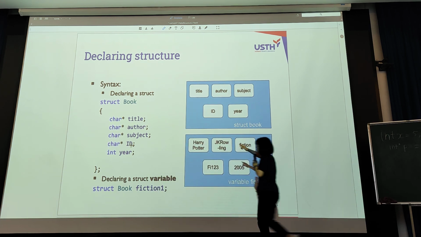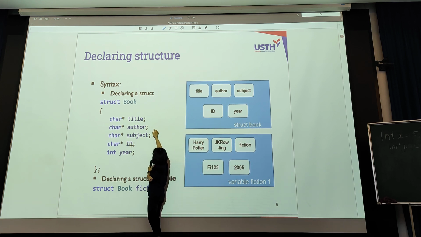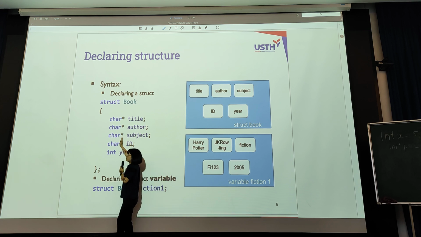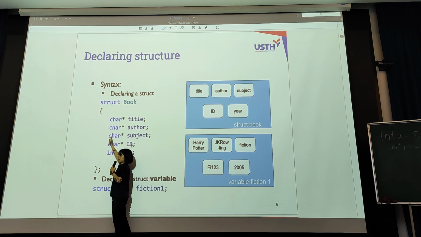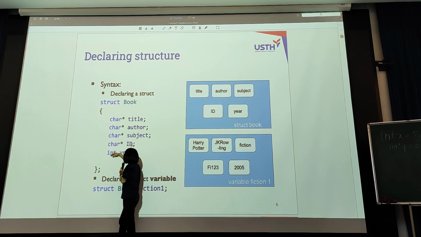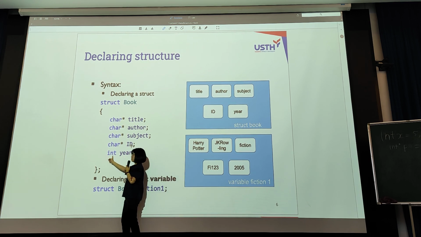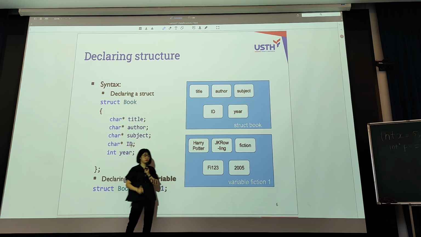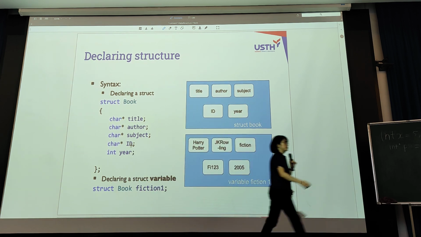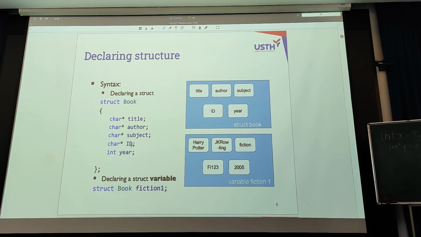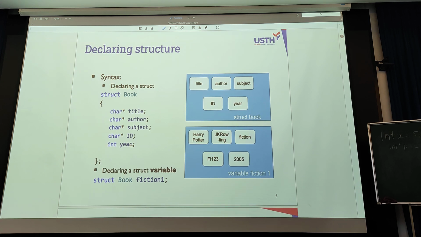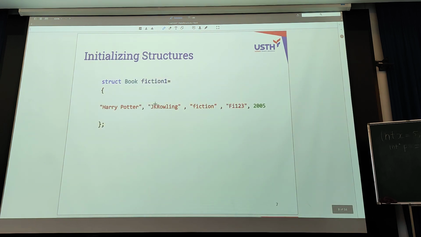So the first four pieces of information over here must be strings. They must be arrays of characters. And the last one, the variable year, must be an integer. An integer.